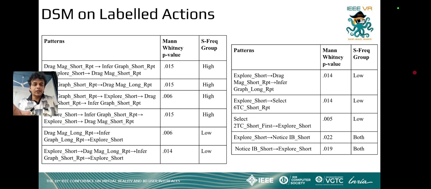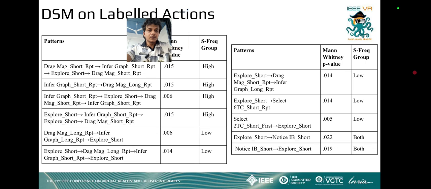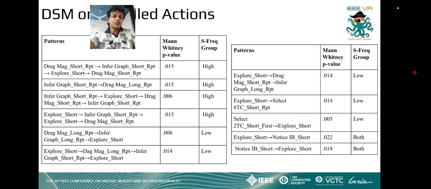Also, ordered epistemic network analysis shows the transition only between two actions. To include sequences of actions that involve more than two action events, we did differential sequence mining. It is a kind of pattern mining. These are the different patterns that are significantly different between the two groups.